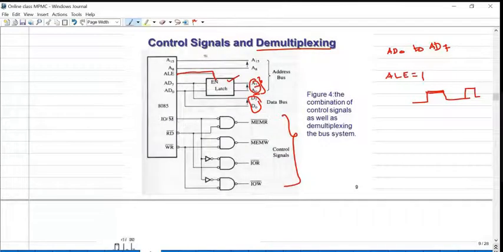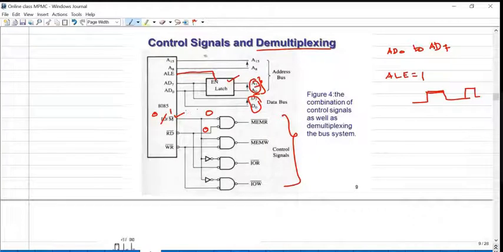Here IO/M bar and read bar go through an inverter, this bubble indicates an inverter, and then a NAND gate. Just assume this pin is 0. If you put 0, this will be disabled. 0 complement is 1, so the memory operation will be enabled. So we confirmed this is a memory related operation.